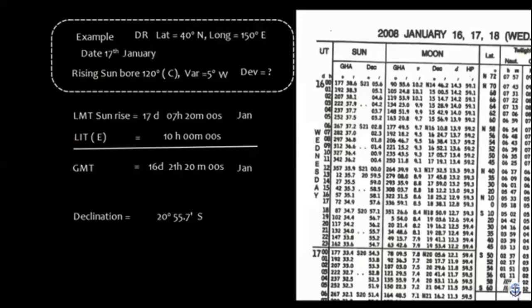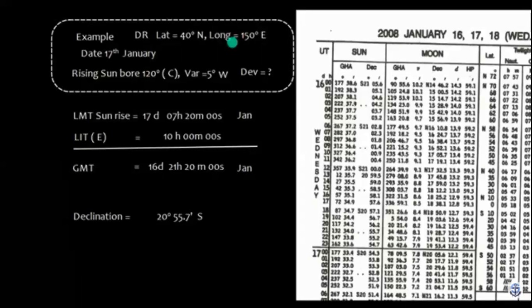So let's see one example. DR latitude 40 degrees north, longitude 150 degrees east, on 17 January. Rising sun bore 120 degrees compass, variation 5 degrees west.